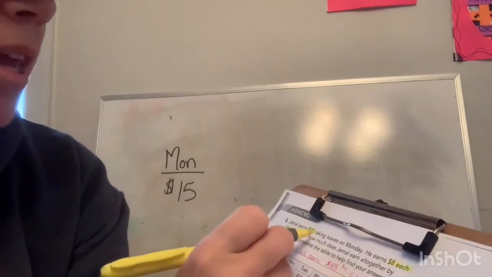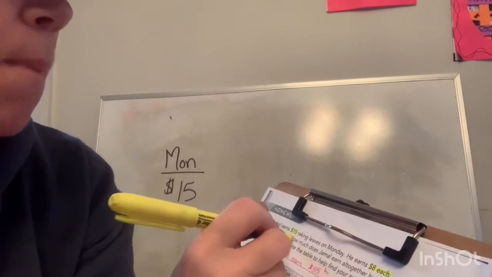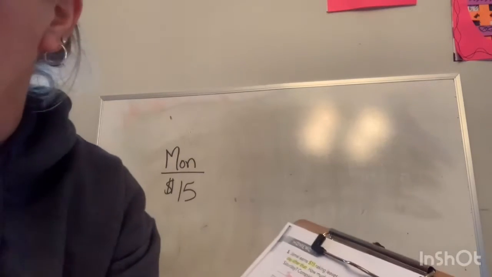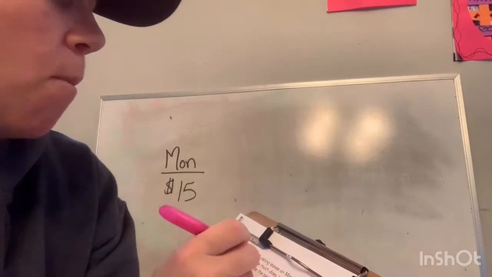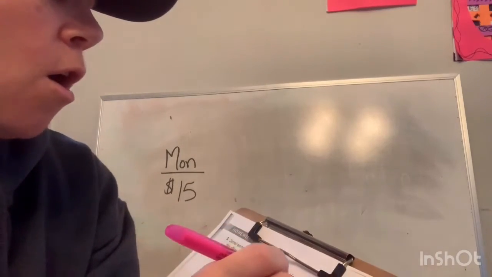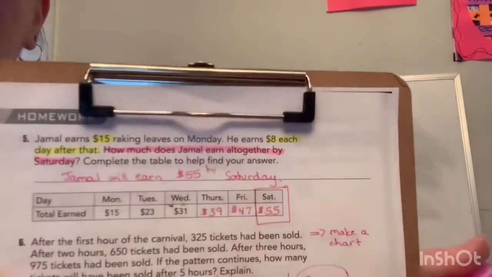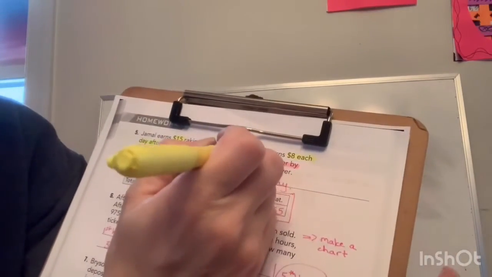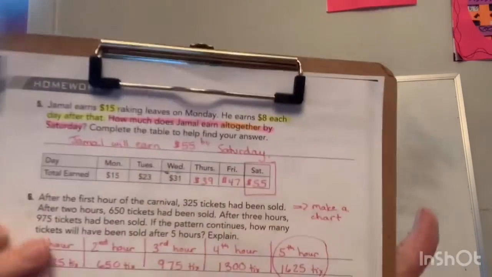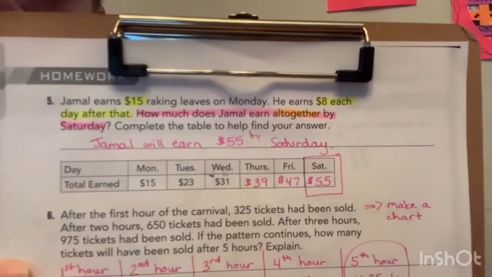And then real important is, how much does Jamal make? I'm going to highlight that in a different color because that's my question. How much does Jamal earn altogether by Saturday? So it's not how much does he earn on Saturday, how much does he earn altogether by Saturday?